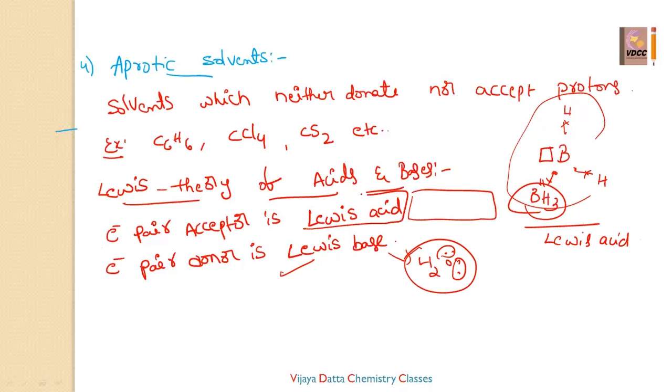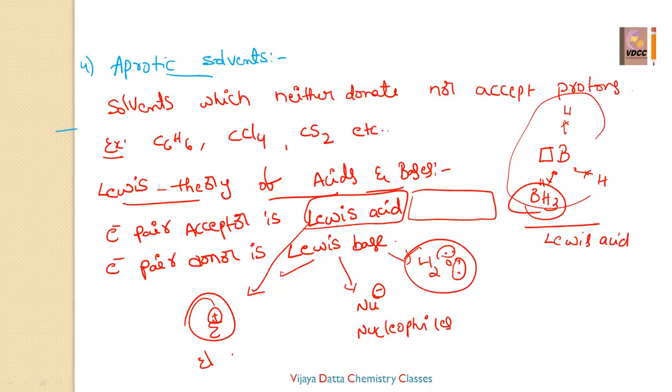These Lewis acids are also known as electrophiles, and Lewis bases are said to be nucleophiles. We will represent it like this. Nucleophiles are also known as nucleus loving. These are electron hating. Whereas electrophiles are electron loving because they are electron deficient.